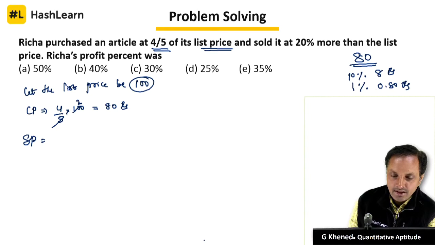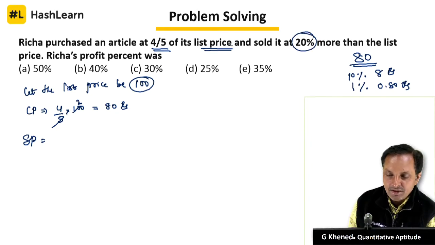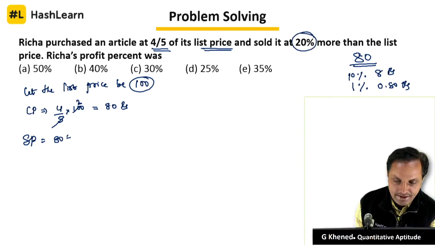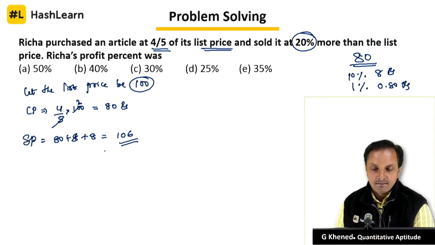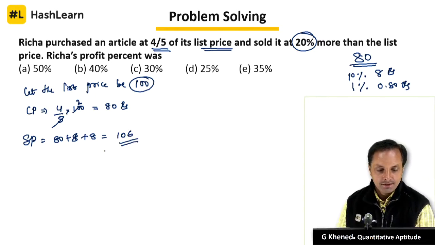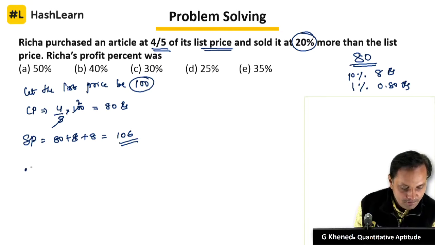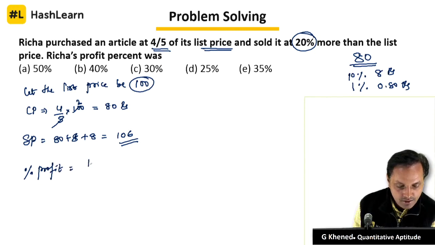So similarly, when they tell you 20% more, I will write simply 8 plus 8, 16. Is it 106?